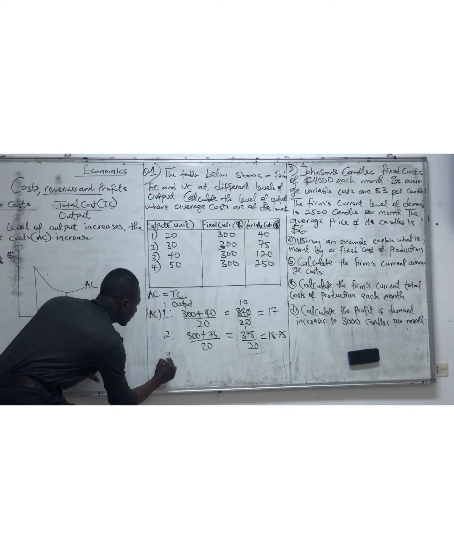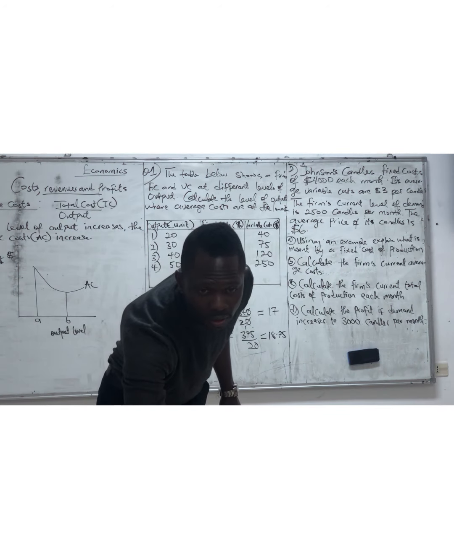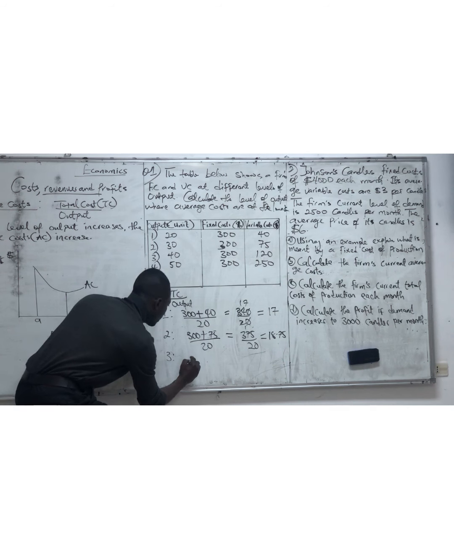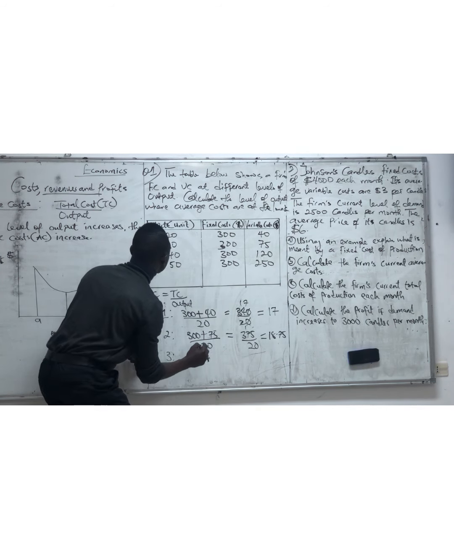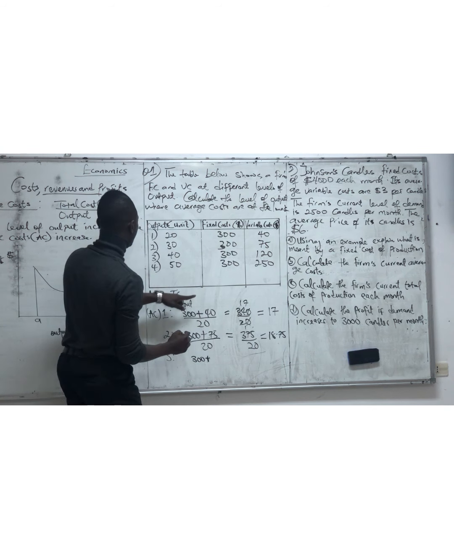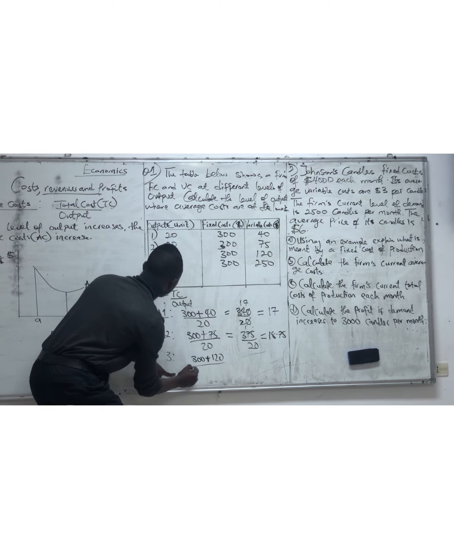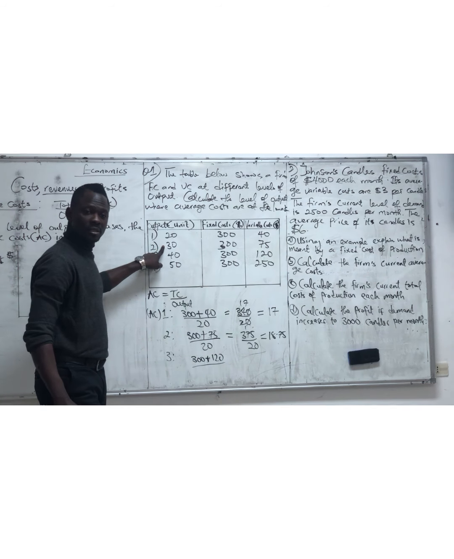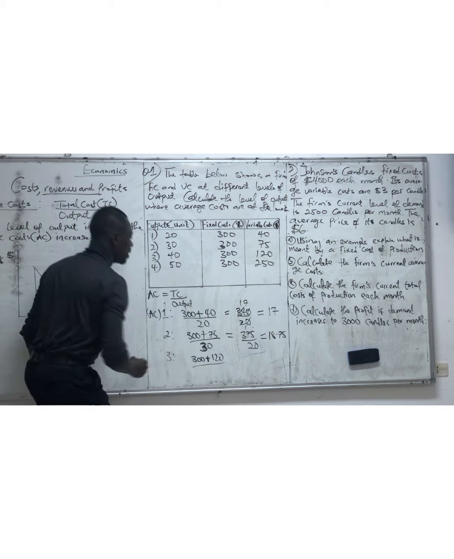Then AC3, we have 300 plus 75, no wait, 120, over, sorry, this is 30, not 20.